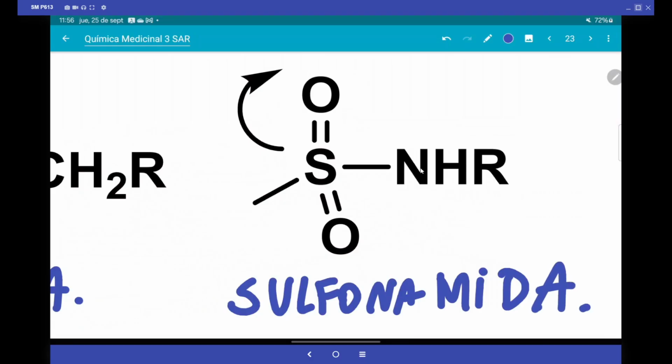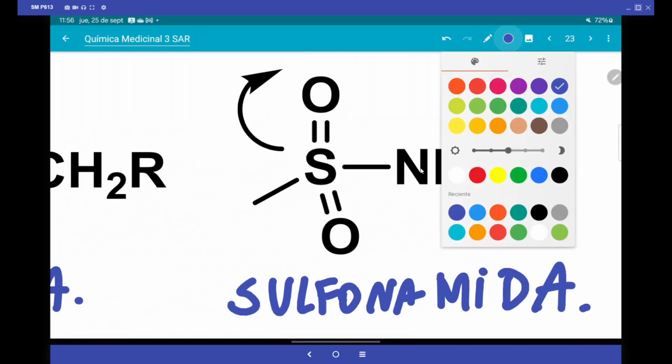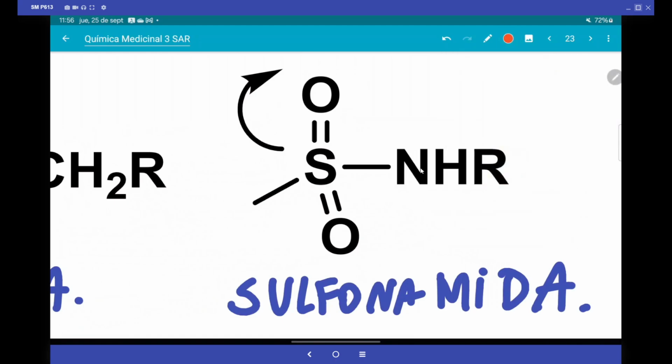Does the sulfonamide protonate? It generates positive charge. Nitrogen has an electronic pair, but the answer is no, because oxygens are very powerful electron attractors by resonance.